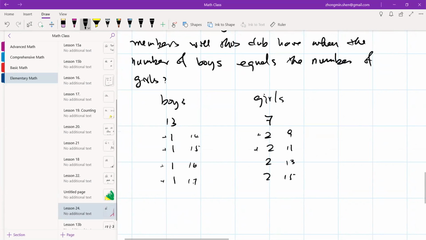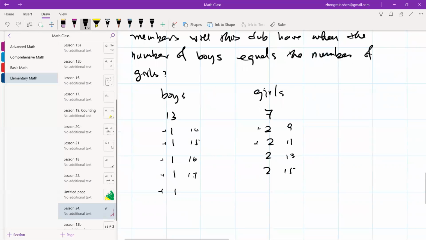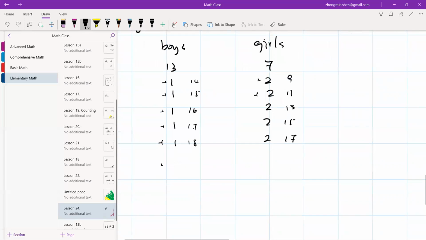It's getting close. So the last one will be 18 here, and here it's going to be 17. Then add one more, you get 19, here's 19. So total will be 38. Okay. So the question is how many students there are, right?